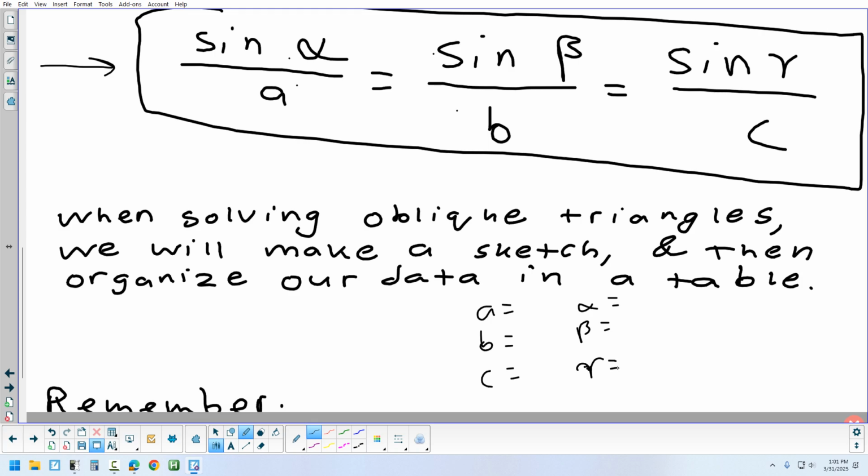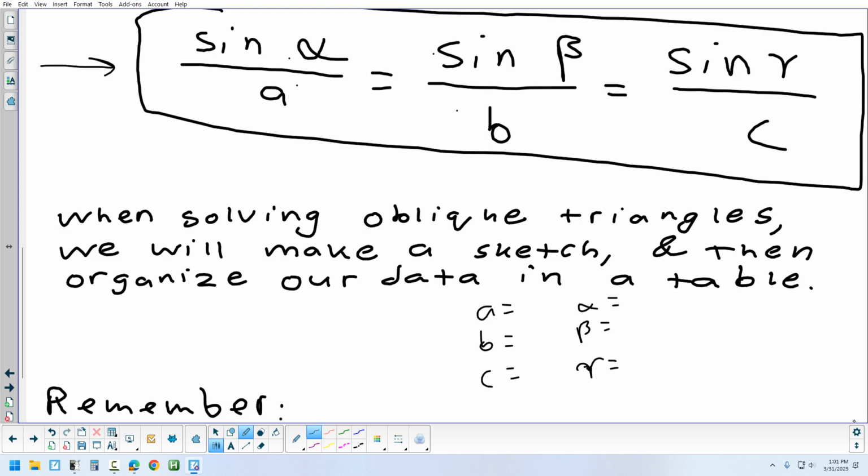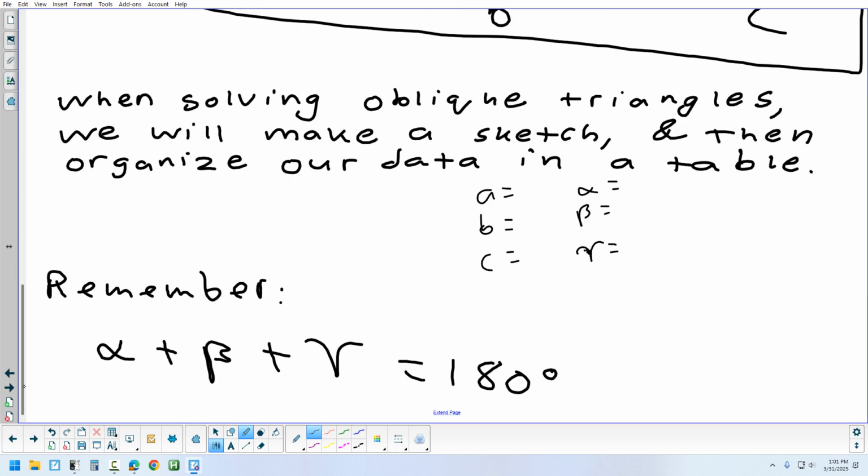But I would expect most of these to not have a 90. You still know all the angles add up to what in a triangle? 180. Yeah, and that's what I wrote right here. That's still true.